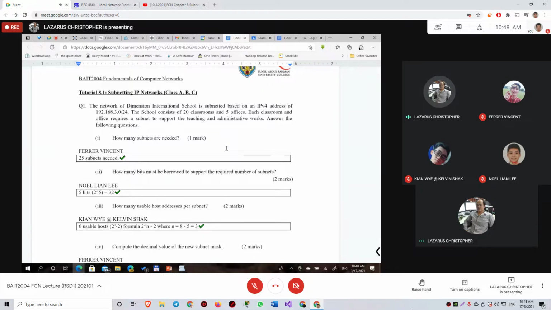But if you have the budget, and definitely you would, because you're getting 25 subnets, that means this is a big organization, then you might want to use different routers. If you don't have the budget, you can use one router, then just add a module in the back to provide at least the number of ports needed for up to 25 connections. Each subnet will connect to the router.